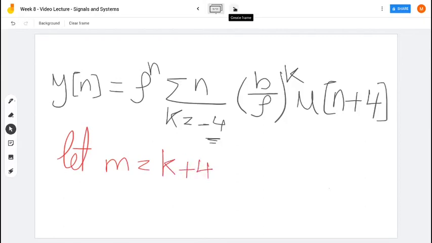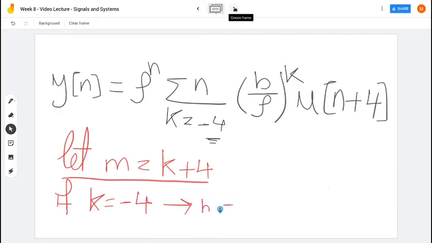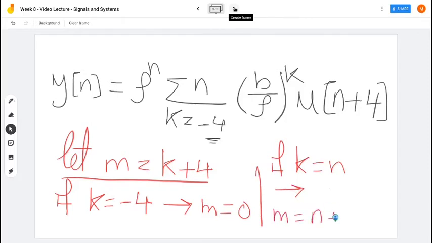In this case, if k is equal to minus 4, m will be equal to 0, and if k is equal to n, then m will be n plus 4, and k will be replaced with m minus 4. So let me write this down.